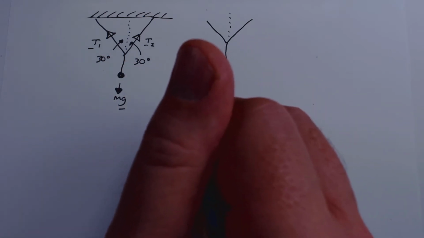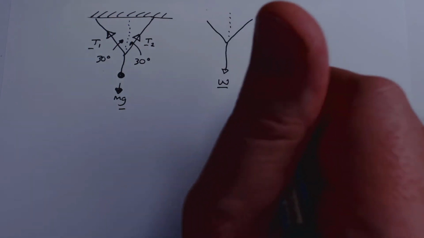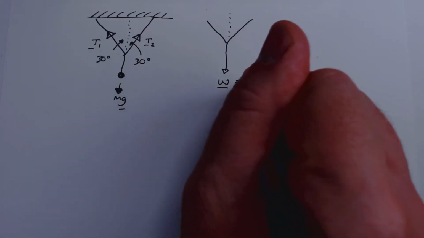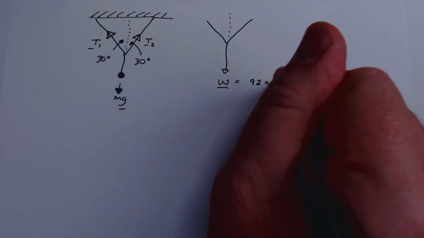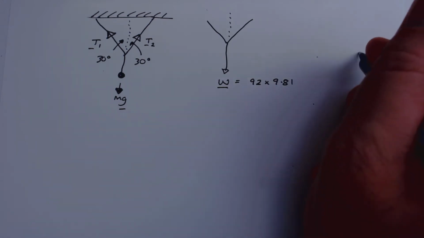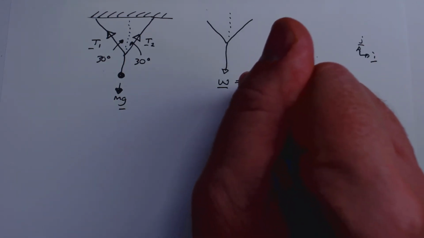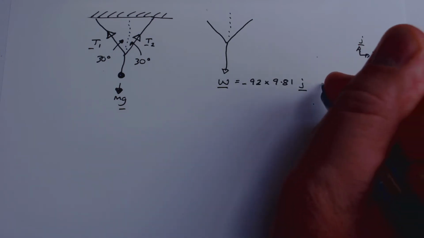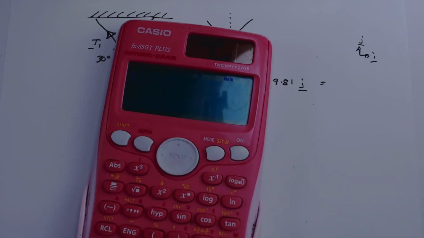Let's make it, oh, I don't know, how much did I weigh at Christmas? So 92 times 9.81. If I take I to be going in this direction, J to be going in this direction, and that will be minus J. So that's what? 92 times 9.81.